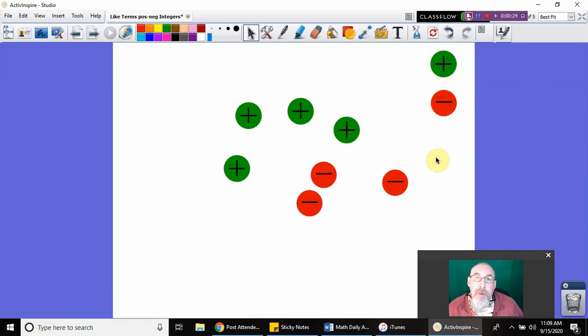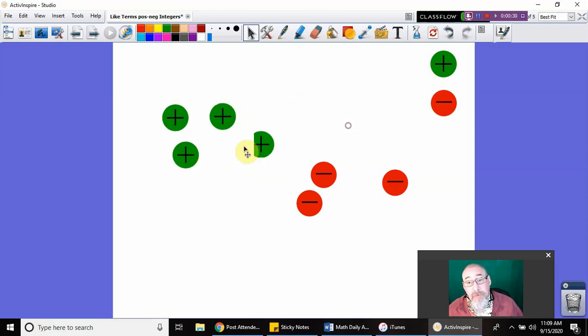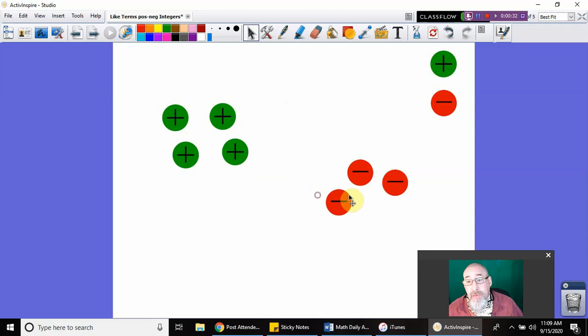Alright, so if I want to combine the like terms, all my positives are like, and all my negatives are grouped. If I wanted to create this into an actual math problem, I would have positive 4 plus negative 3.